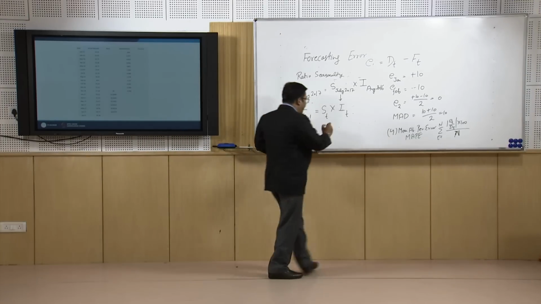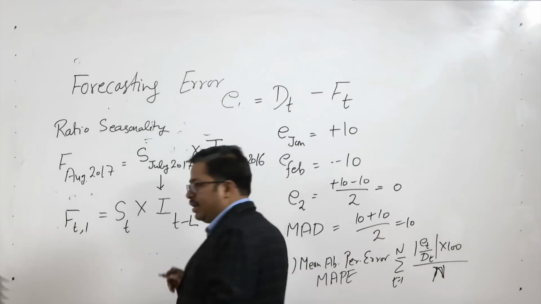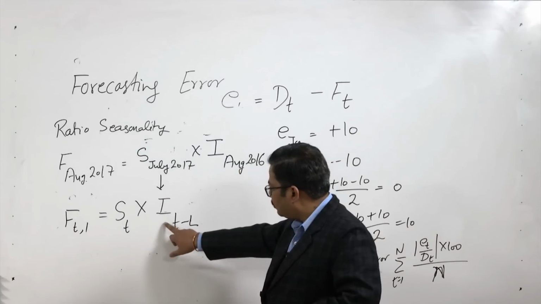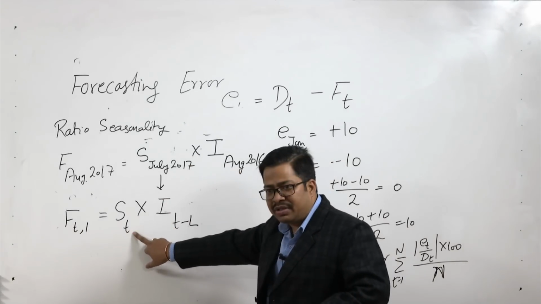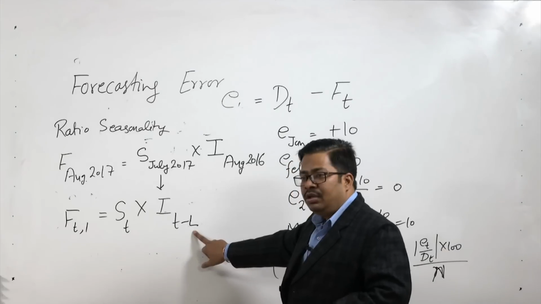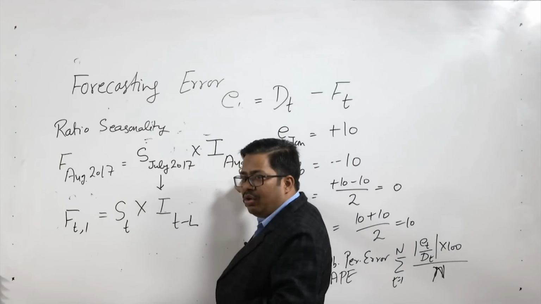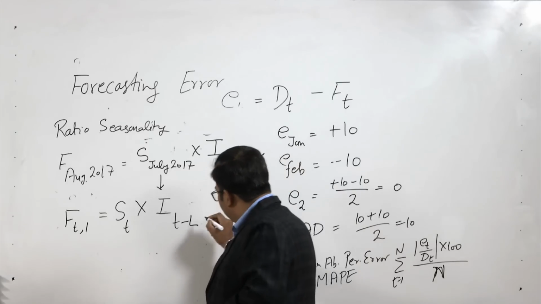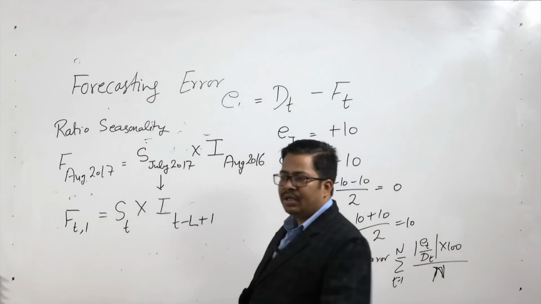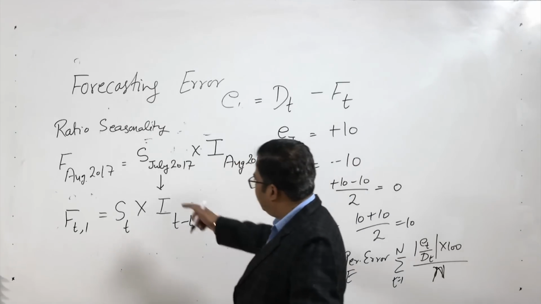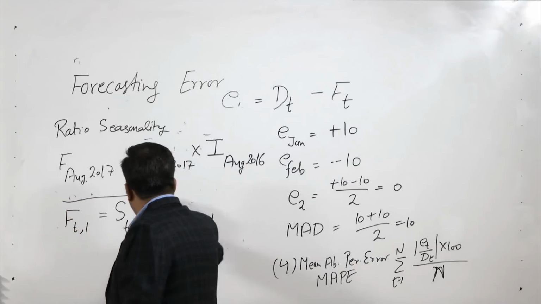So, if I write T minus L here, it means July 2017 becomes July 2016, and I want the value of August 2016. So, plus 1.